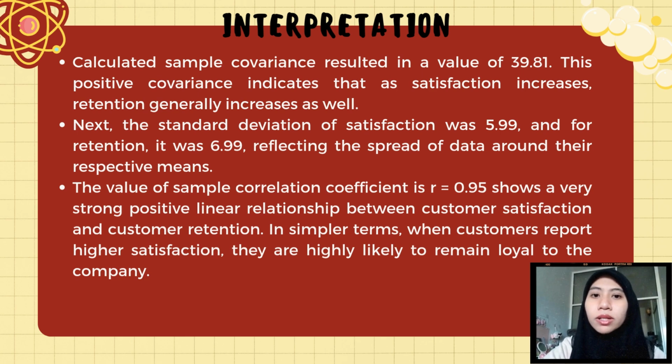The value of the sample correlation coefficient is equal to 0.95, which shows a very strong positive linear relationship between customer satisfaction and customer retention. In simpler terms, when customers report higher satisfaction, they are highly likely to remain loyal to the company. This insight is important for businesses because improving customer satisfaction can directly help increase loyalty and long-term success.